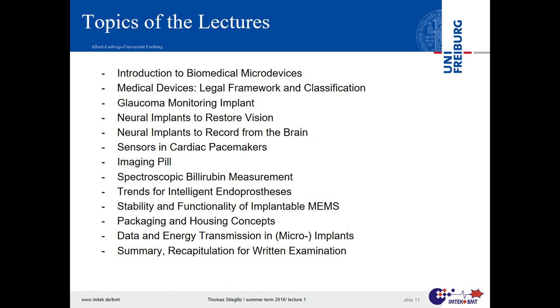The week after is neural implants to record from the brain. That's for the silicon persons amongst you. So this is mainly cooked down to silicon micromachining and silicon probes that can be stuck into the brain for fundamental neuroscience and for basic rehabilitation of highly paralyzed persons.